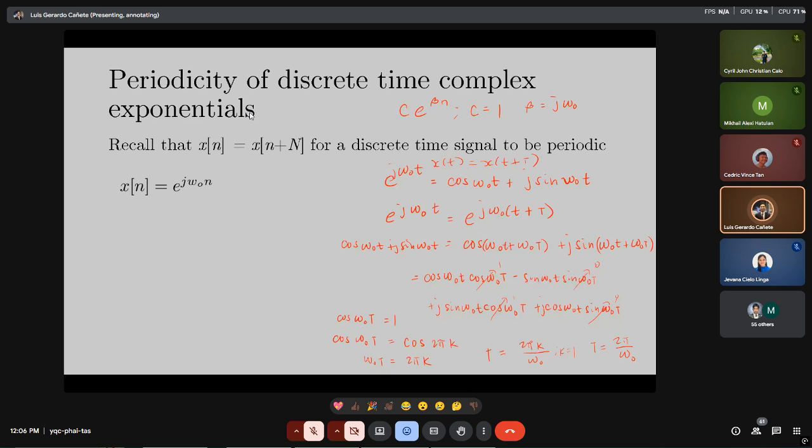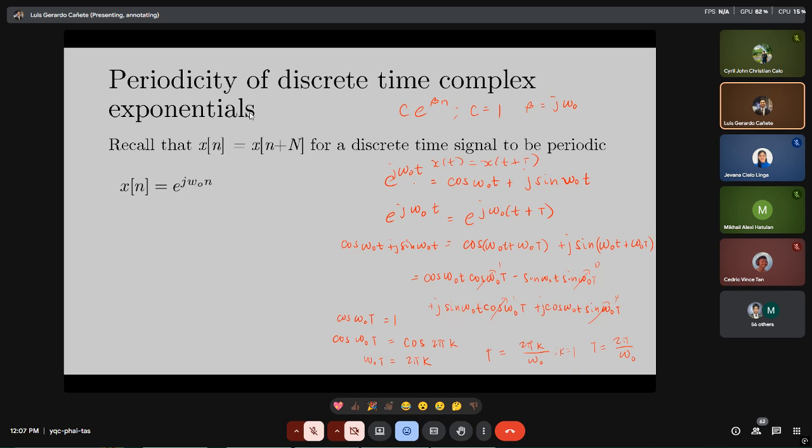Now this is important because this also means that the periodicity of the signal depends on omega o, on the frequency that you're applying on this quantity right here. And this also means that every value of omega o is going to generate a unique signal, right?